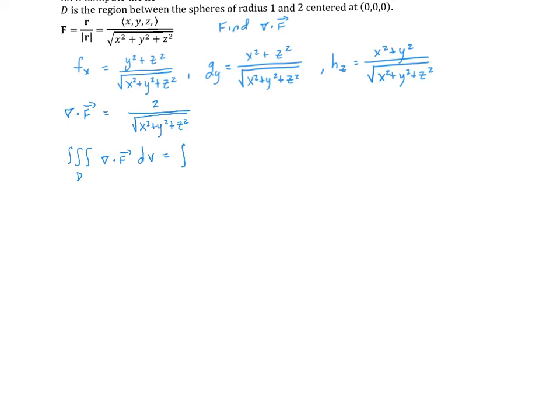If I were to look at my theta values, it's a sphere, so it's going to go from 0 to 2 pi. If I was going to look at phi, 0 to pi, and then rho, which is like your radius. Since these spheres have radius of 1 and 2, my rho values are going to go from 1 to 2.